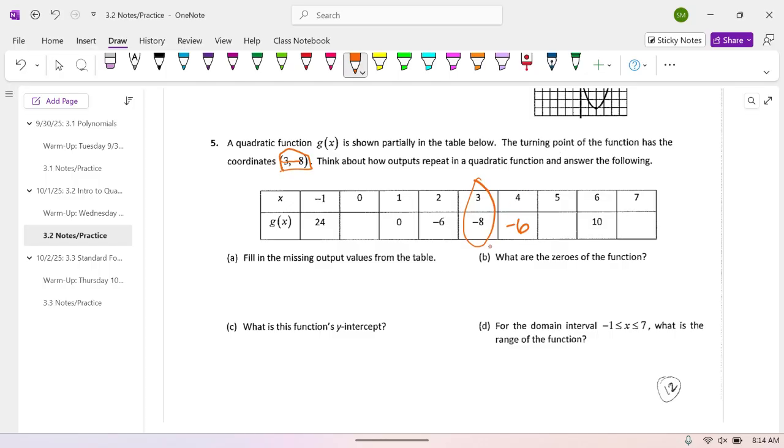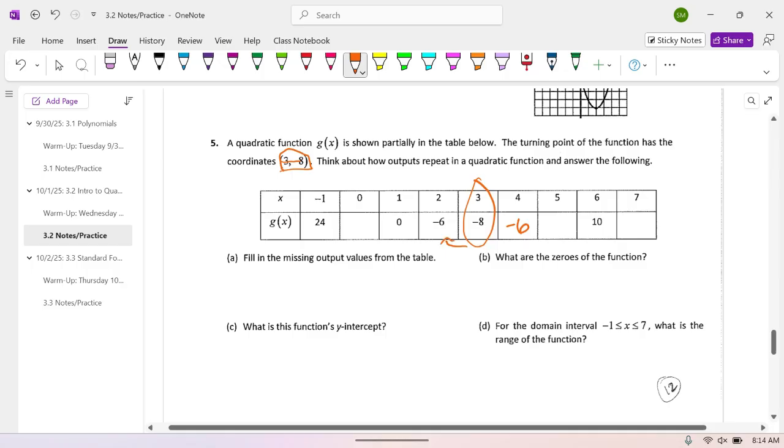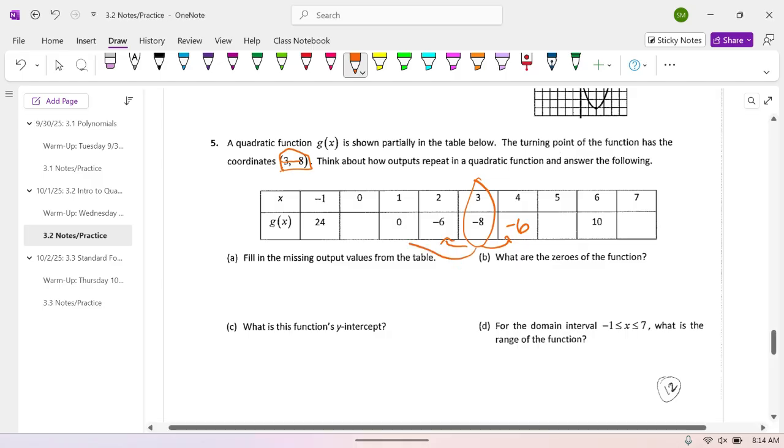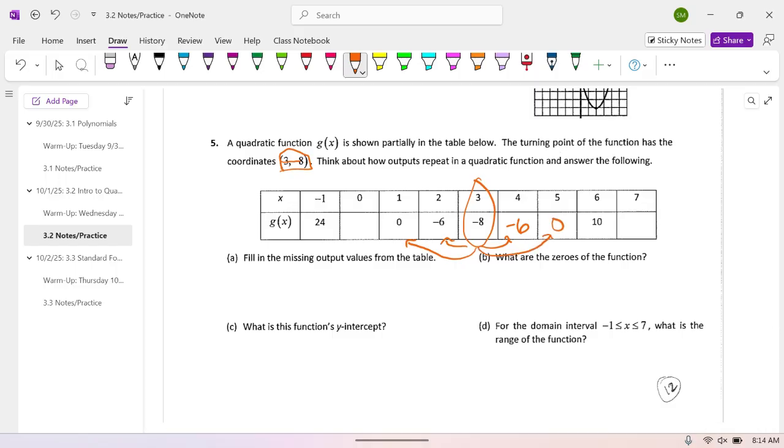-6. Because what happens is, after you hit the vertex, all the points on the other side should be symmetrical to each other, meaning they should be the same thing. So since 2 away from the vertex is 0, that means this one should be 0. Since 3 away is 10, this one should be 10. 4 away is 24, so this one has to be 24.